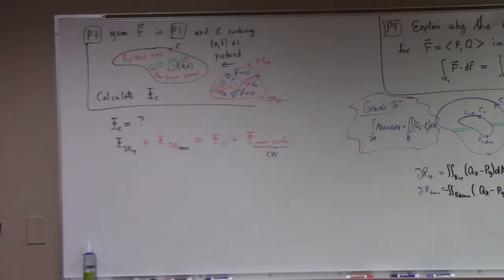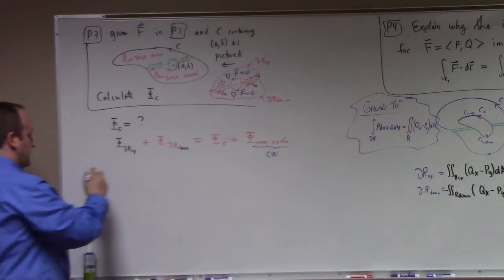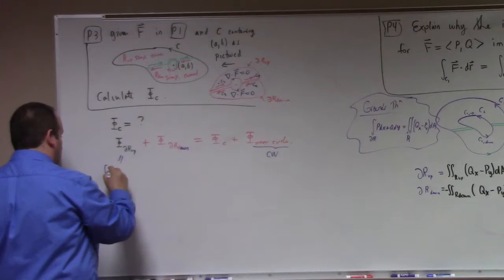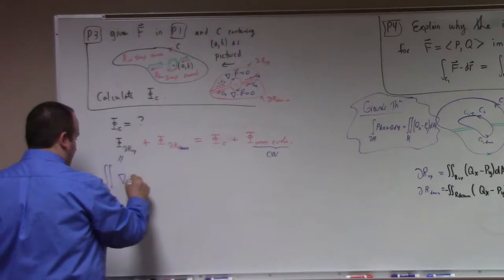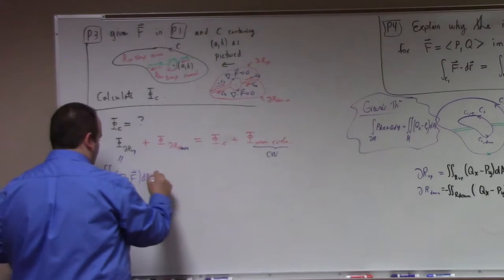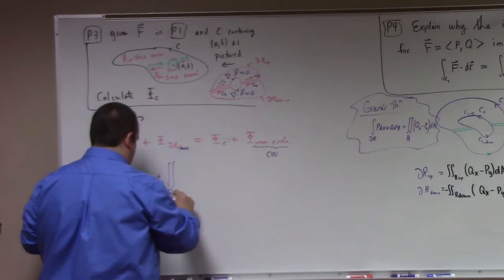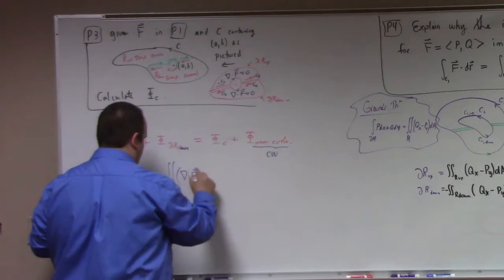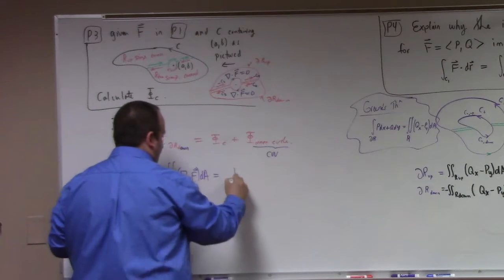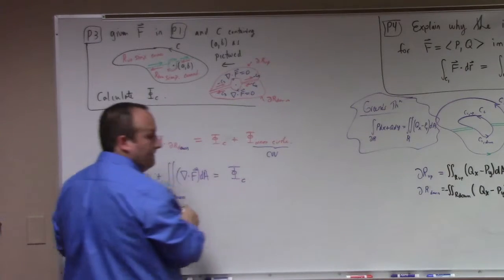All right, so remember, this would be equal to the double integral over R up of the divergence of F, plus the double integral over the down region of the divergence of F. The thing I'm after, right?